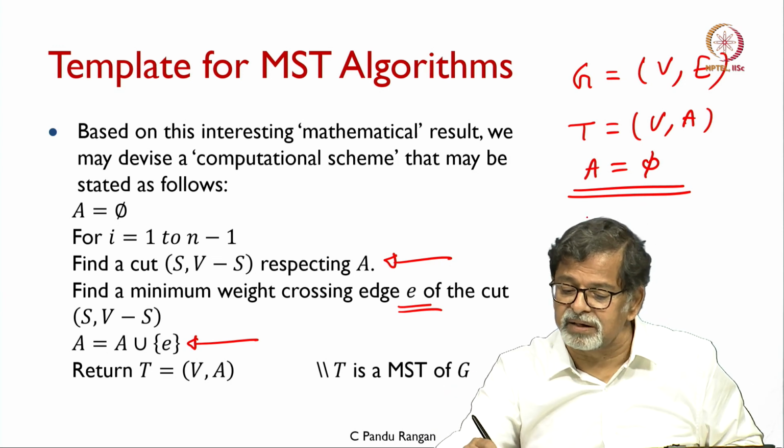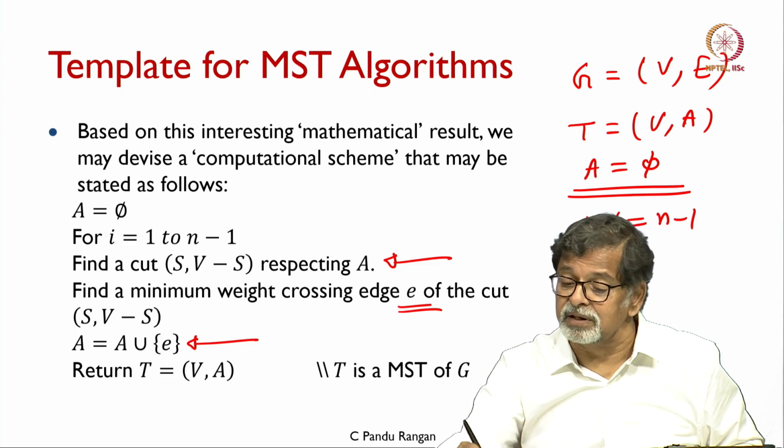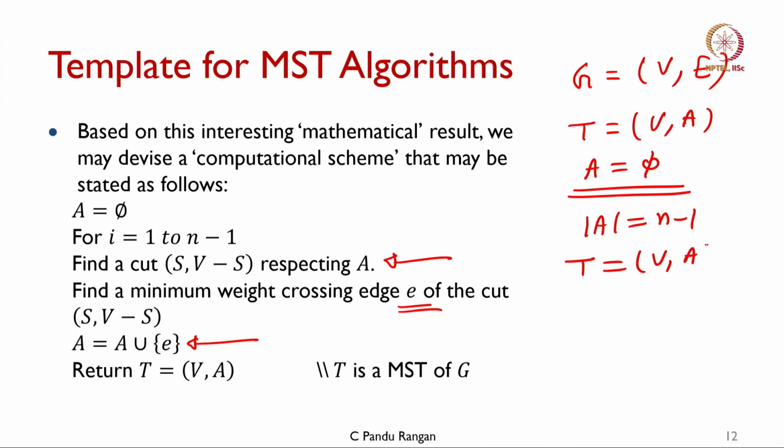Finally, cardinality of A will be n minus 1. At that point, T equals (V, A) will be a minimum spanning tree. That is all our plan. We will see how this can be implemented.